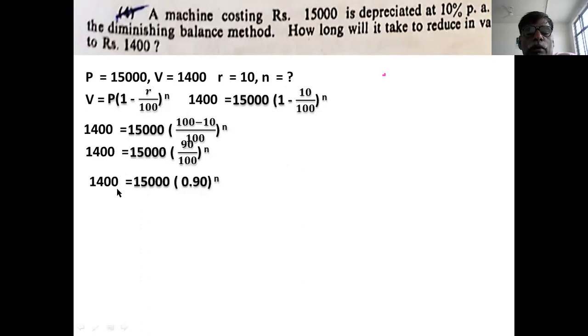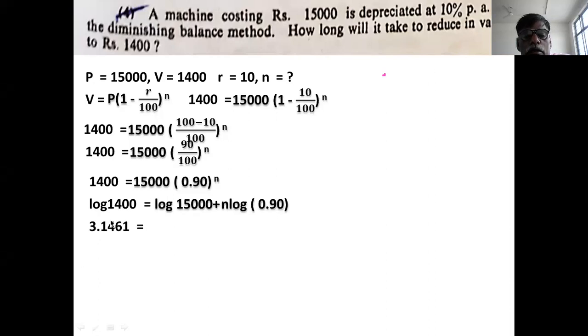In this step, you apply the log. Log 1,400 is equal to log 15,000 plus n log 0.90. If you see in the logarithm table, 1,400 characteristic is 3 and its log is 1461.